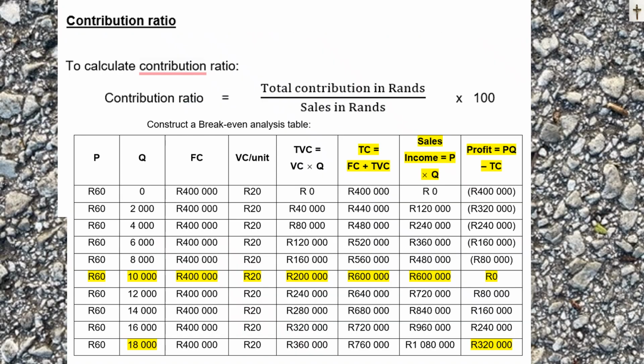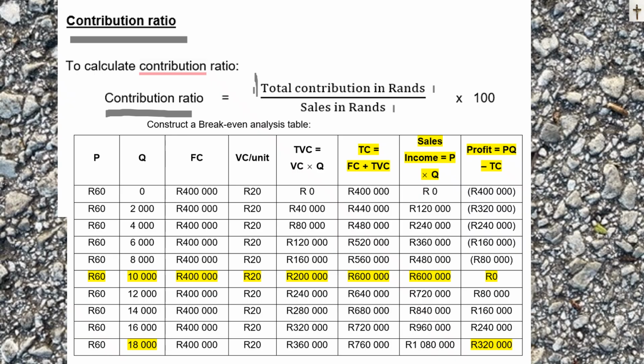Then there's one last calculation we need to do, which is to calculate the contribution ratio. Here's the formula. The contribution ratio is equal to total contribution in rands divided by sales in rands.